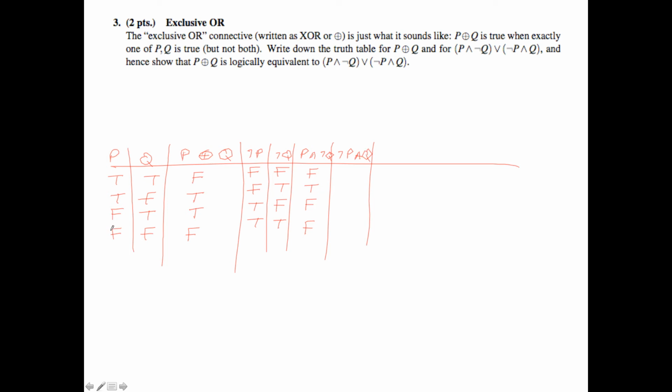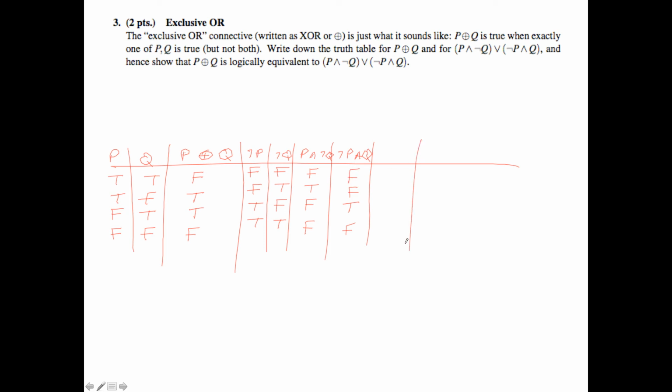Not P is true in the bottom two rows, and Q is true in the top of these rows. So in the third row, this will be true, and the others will be false.